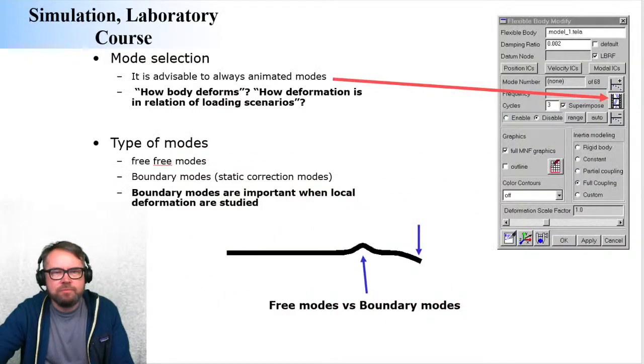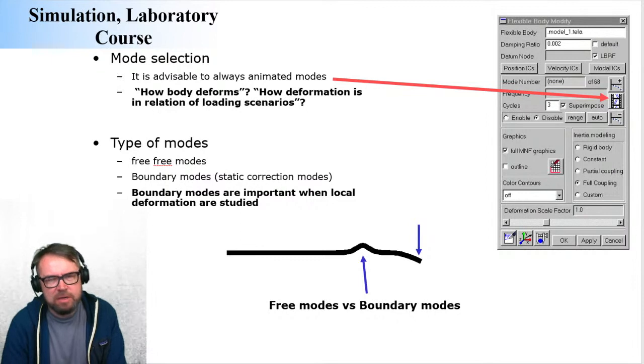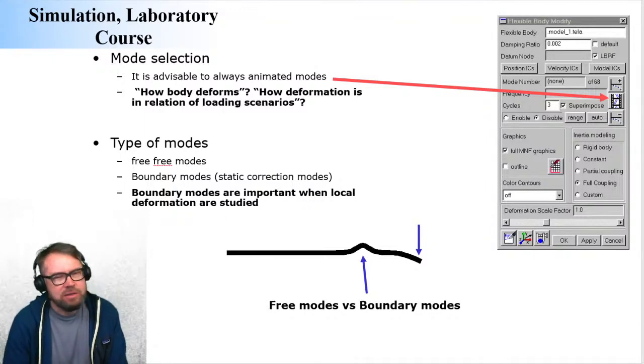All right, so here, finally, the mode selection. Like I said, there are tools to do this mode selection, and we're going to take a look at these tools momentarily. But even though we have those rules, the most efficient way to do this mode selection is to use not the common sense, but your engineering sense.